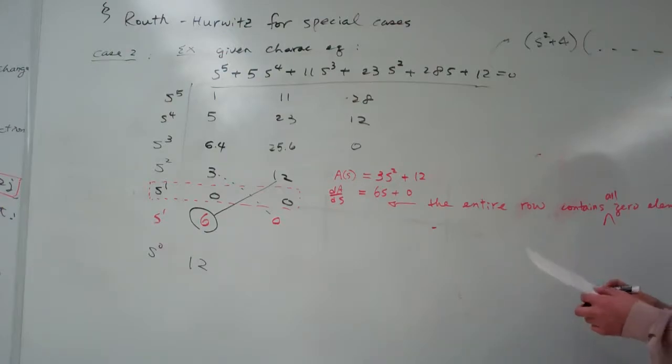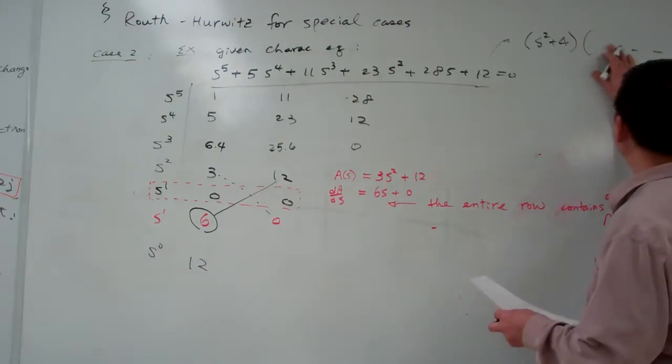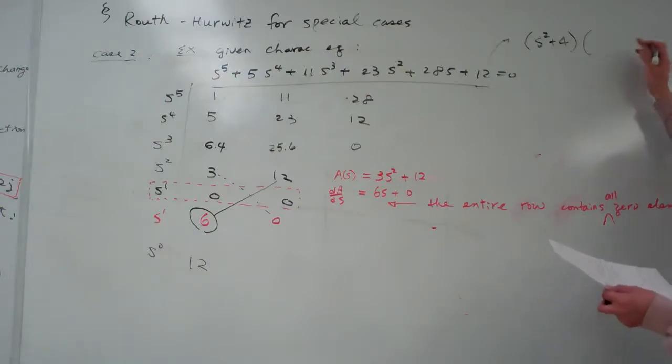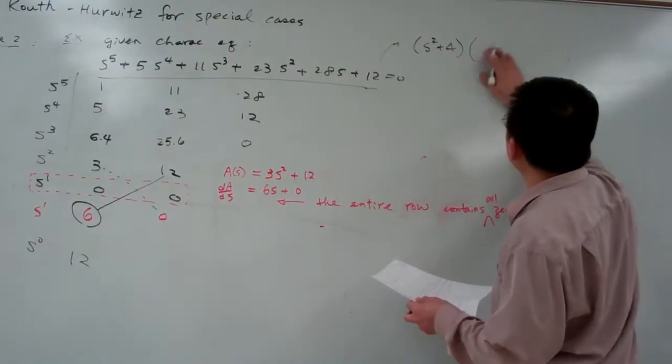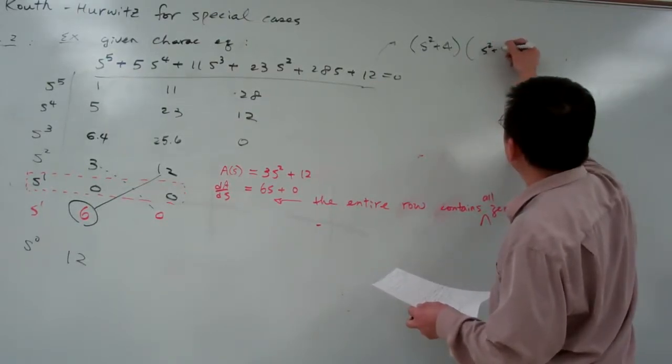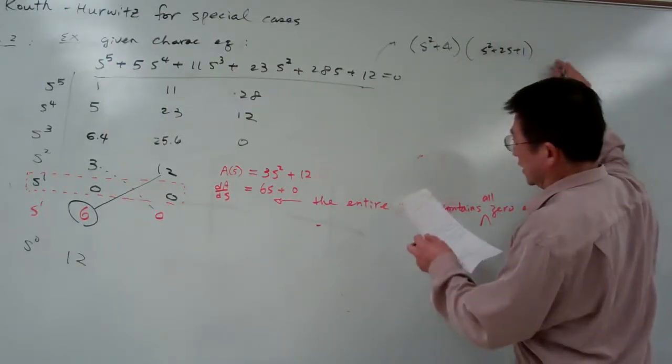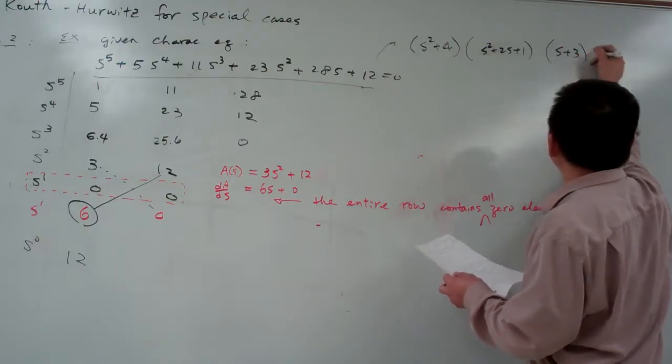If you keep factorizing, you can find it is s squared plus 4 times s squared plus 2s plus 1 times s plus 3.